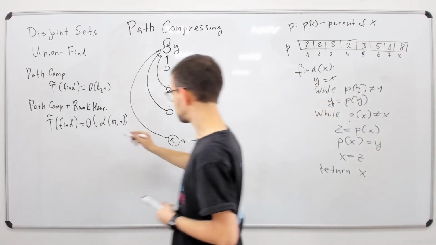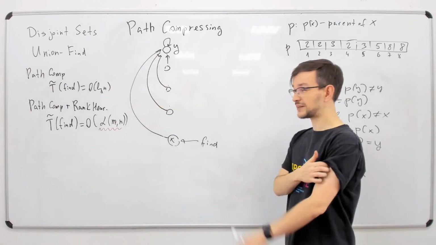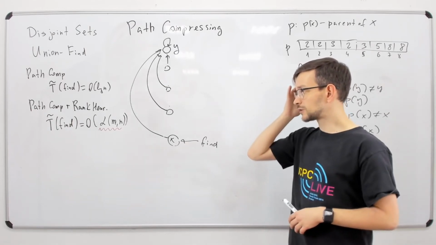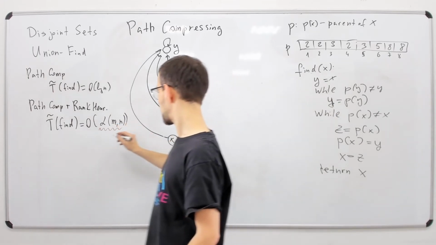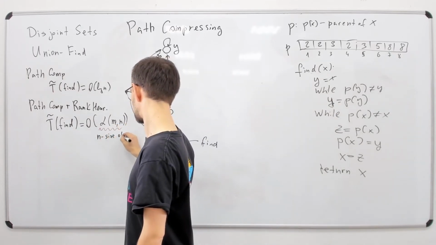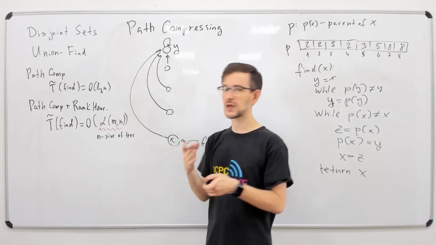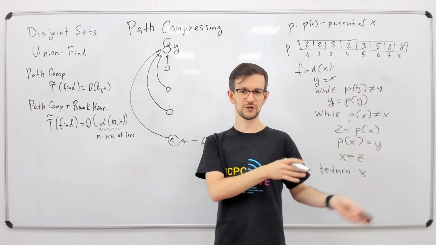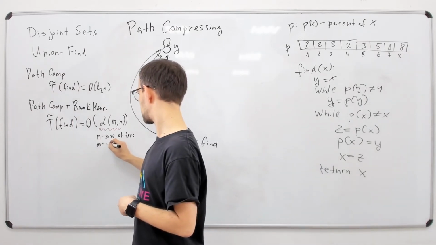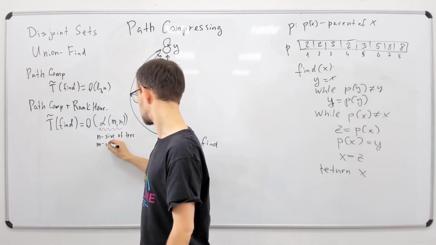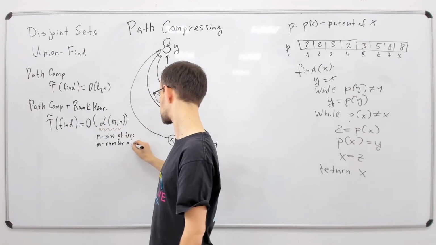So what is this? This is a quite interesting function. It's called an inverse Ackermann function. Here you have two arguments. n is the size of the tree. It's the number of elements in our sets. You may think about it in terms of sets or in terms of trees. It's no big deal. And m is the number of operations, the number of calls of this find function.